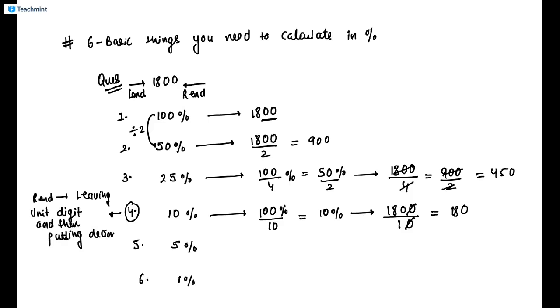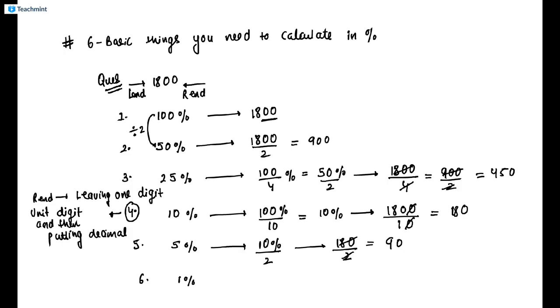So from the right hand you are leaving one digit for calculating 10%. So what will you do to calculate the 5%? See, again from 100%, how will you get the 5%? Tell me. Rather, it's better that if you divide 10% by 2, you will get the 5%. So 10% value is 180, and if you divide it by 2, you will get 5%.